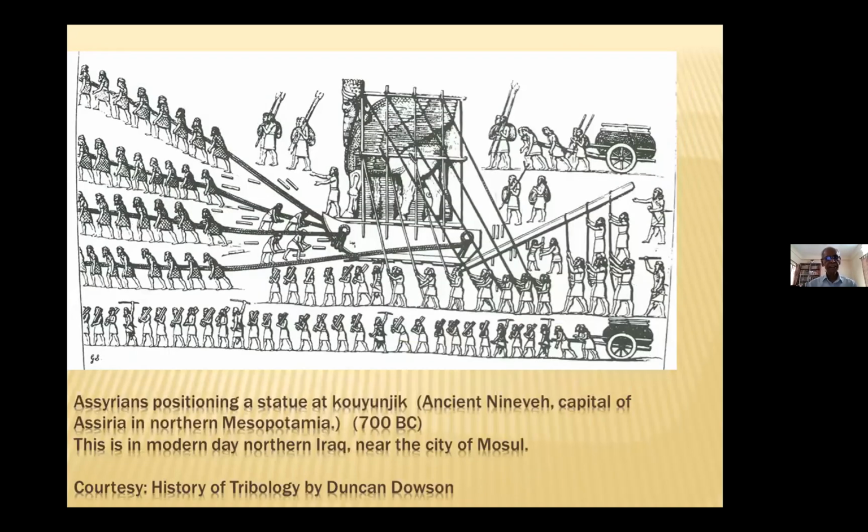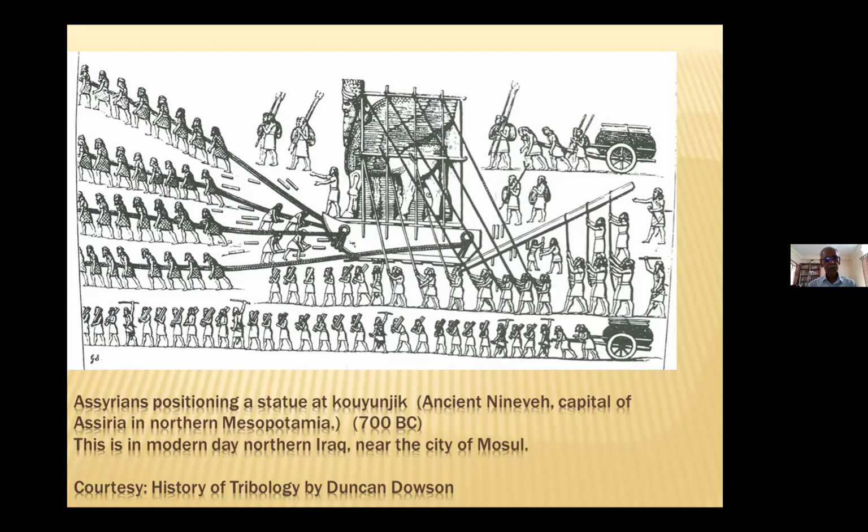In the next slide, again taken from the book written by Professor Duncan Dawson, History of Tribology, the Assyrians are positioning a statue at Tonjik, which is ancient Nineveh, the capital of Assyria in northern Mesopotamia, 700 BC.